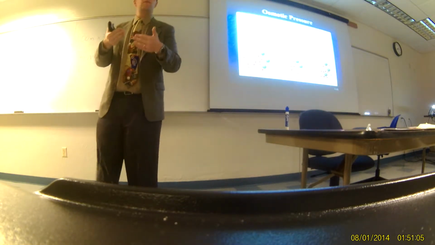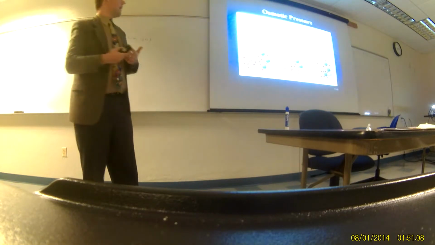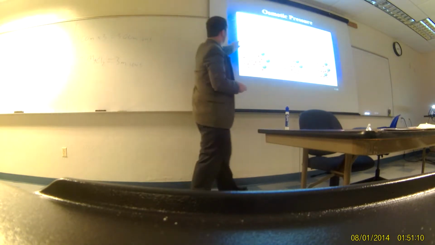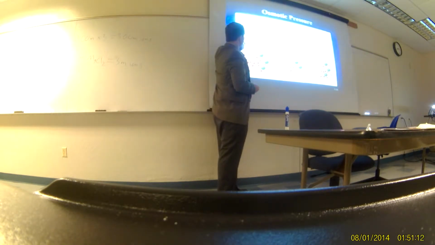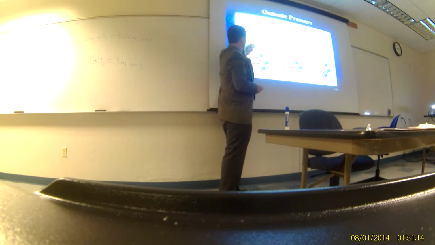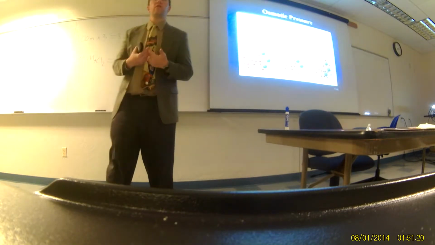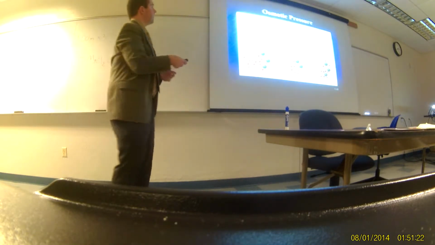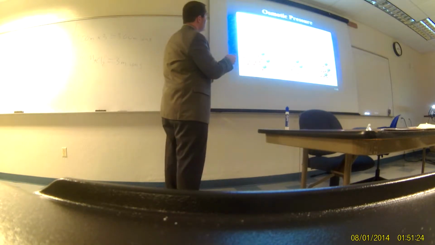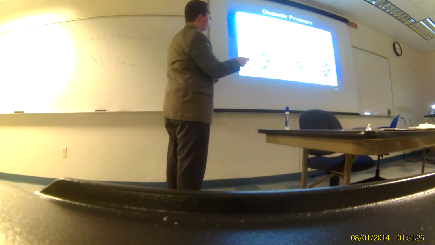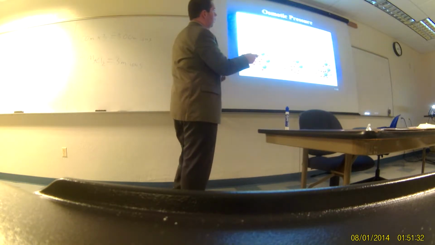And so if water wants to move from one side to the other, it can. In this case, we put pure water on this side, and we put a salt solution on the right side. The water is going to go towards the salt, and so the water over here moves over here. And when that happens, the level on this side goes down, the level on this side goes up.